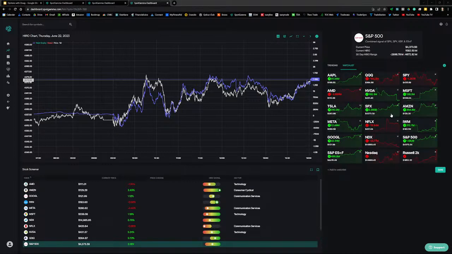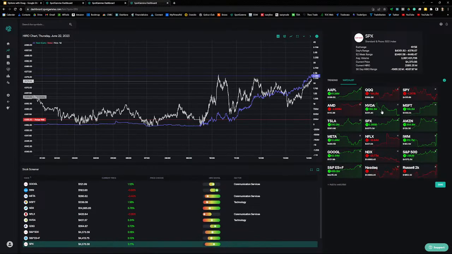I'll take a closer look at this chart in a minute. First, let's take a look at the individual components. So first of all, SPX. Straight up, traders are taking positive delta positions in SPX. They have been all day.